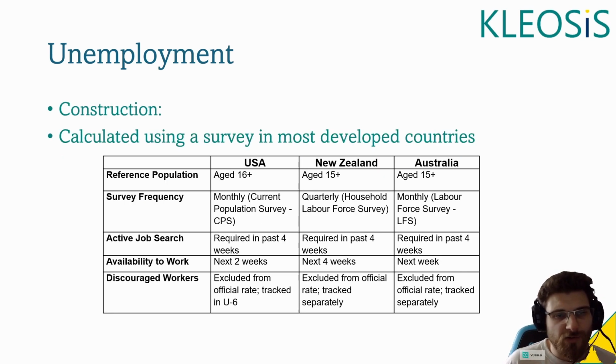I've picked three countries that I'm familiar with, just to go through some ways that these countries calculate the statistic. We've got the USA, New Zealand, and Australia. I'll go through New Zealand specifically because I live here and I'm familiar with that process. Statistics New Zealand starts with a survey of people aged over 15, and a few thousand people are surveyed every quarter, and you fill out the survey multiple times during that quarter.